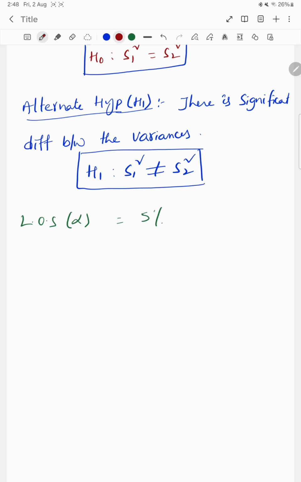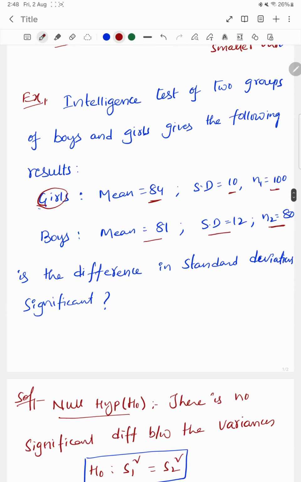Coming to step 4, the test statistic. This is represented by F. But if you observe carefully, my standard deviations are given, so we need to take variances.